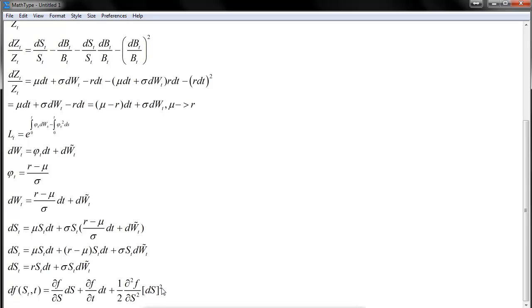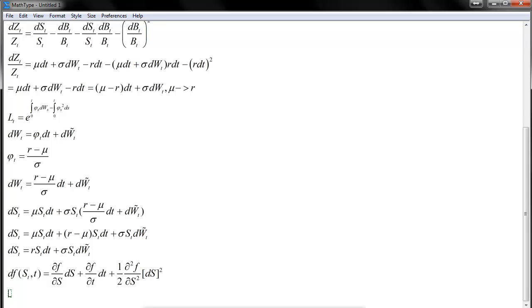Well, if I choose a function, say y is equal to natural logarithm of s of t, and I want to check the differential of y, you can define it like that. Now I'm gonna differentiate according to this rule.